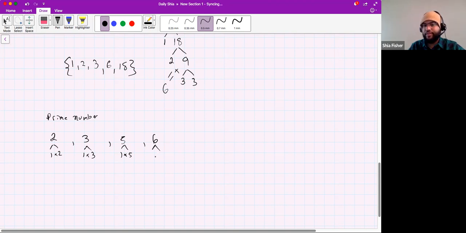6? Well, no. I mean, there's the 1 and 6, but there's also the 2 and 3. So 6 is not a prime number. 7? 7 is a prime number. 8? Definitely not 8. Just because we already took out 4 as a candidate, the fact that it even has a 4 makes you have to rule out 8, because 2 times 4 gives you 8.